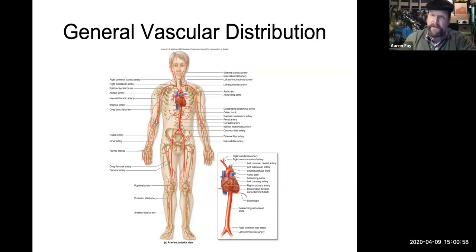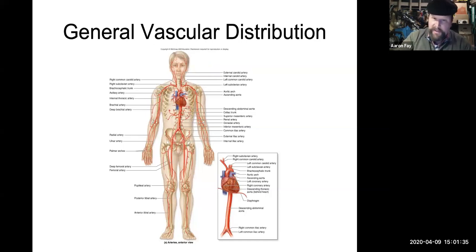We don't call it the right brachiocephalic trunk because there's only one of them, so it doesn't get right or left. Do you need to keep track of right or left in this class? Absolutely. When I ask for the name of a vessel, I'm going to want right or left, the name of the vessel, and whether it's an artery or vein. You always want to give me that information. So 3 branches off the aortic arch: 1 brachiocephalic trunk, which splits into the right common carotid and right subclavian, then the left common carotid, then the left subclavian.